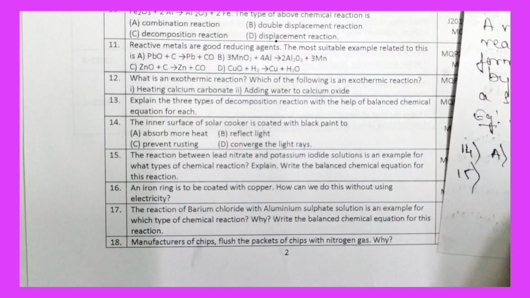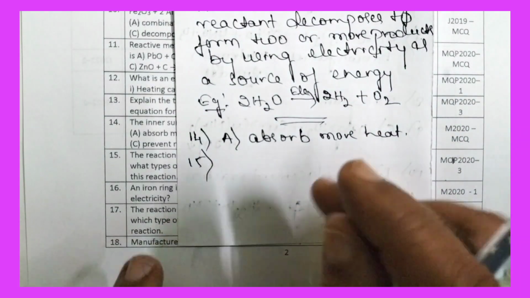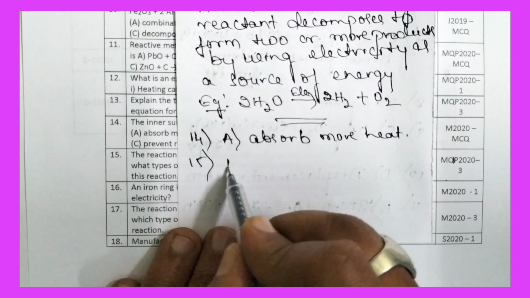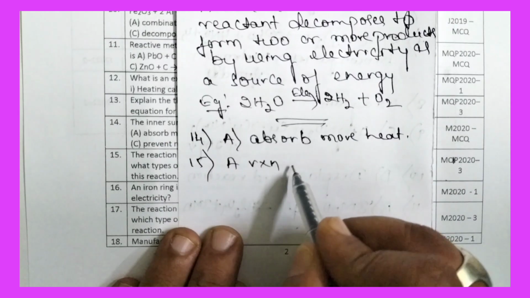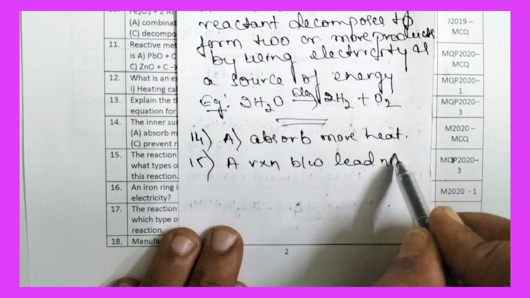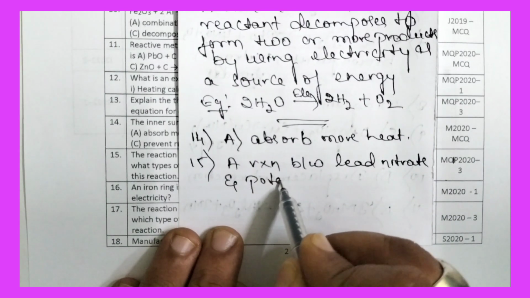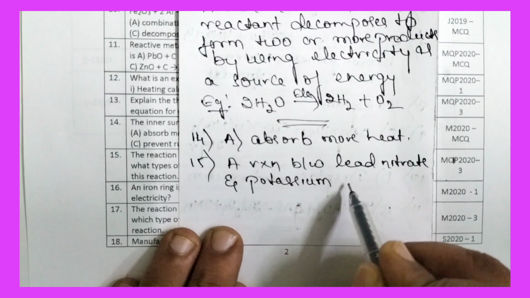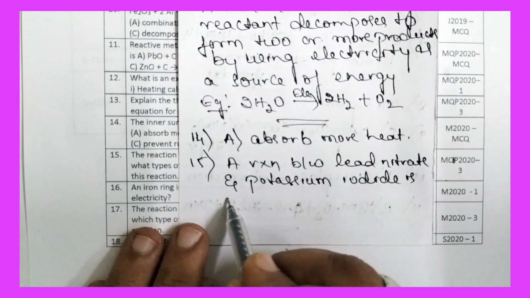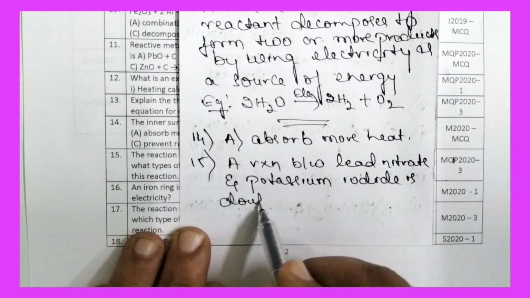The reaction between lead nitrate and potassium iodide is what type of reaction? It is called double displacement reaction.